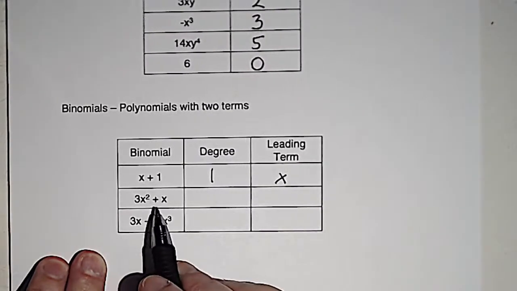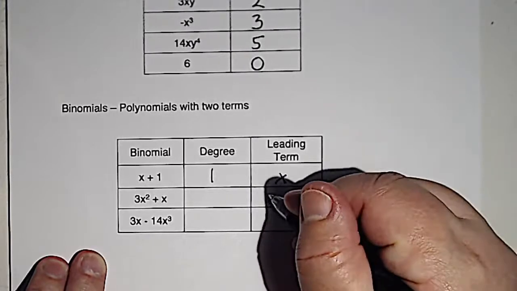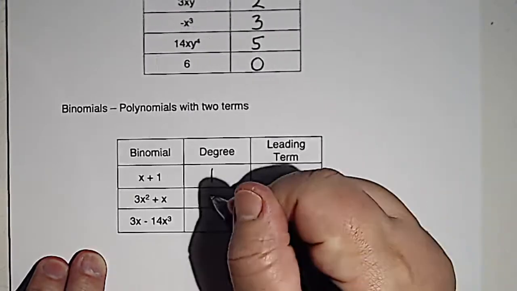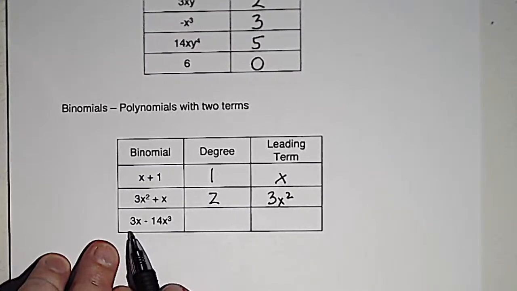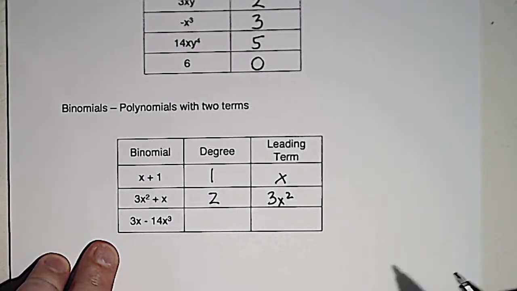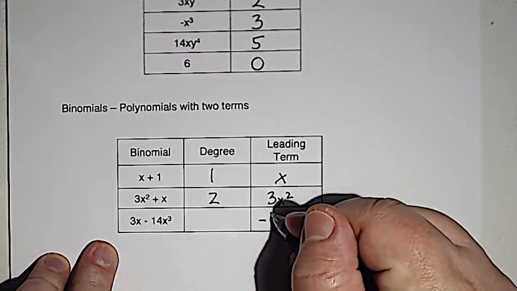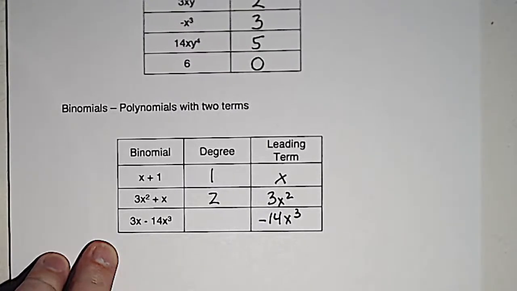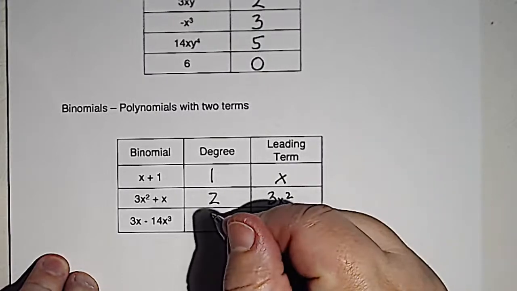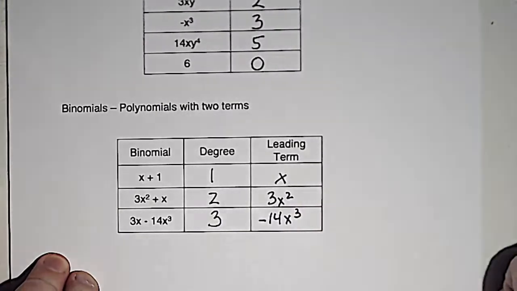In 3x squared plus x, the leading term is 3x squared, so the degree is 2. And in the binomial 3x minus 14x cubed, the leading term is actually minus 14x cubed, which might not be what you were going to guess, and the degree is 3.